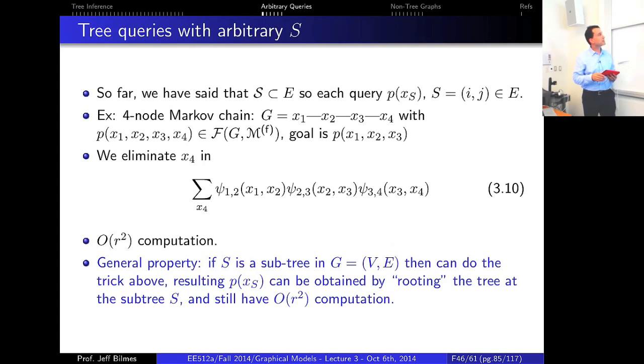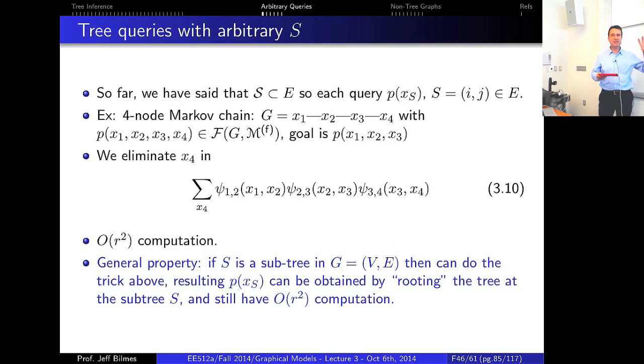On the other hand, there are cases where, actually, before we talk about those cases, whenever we have a tree graph, if it's ever the case that the marginal that we care about is a sub-forest or a sub-tree, then we're guaranteed that we can still do it with an order r squared computation.